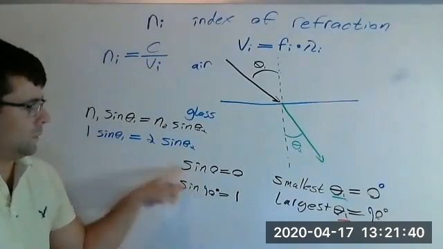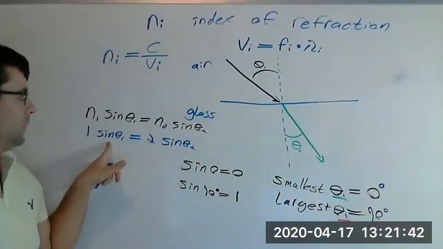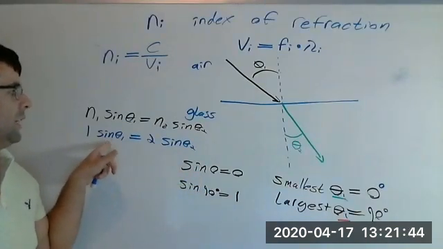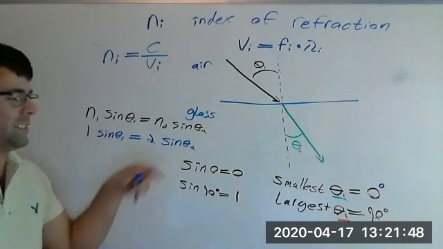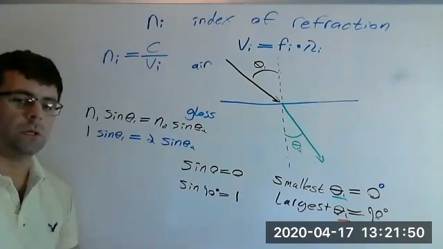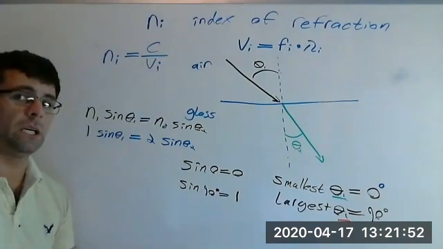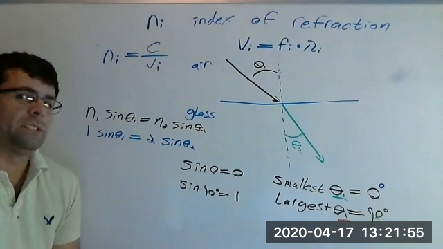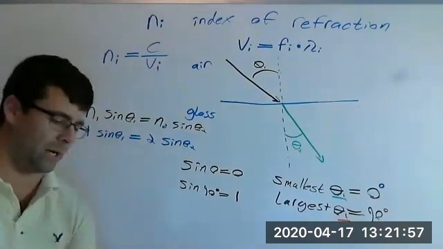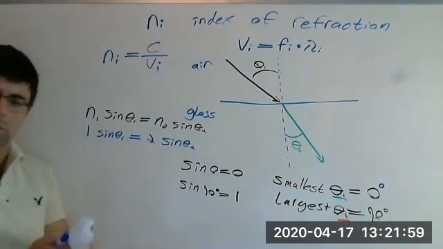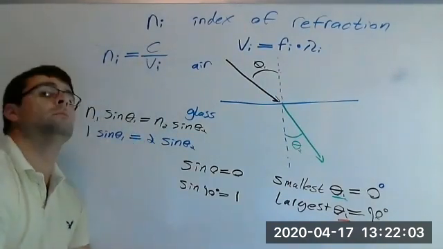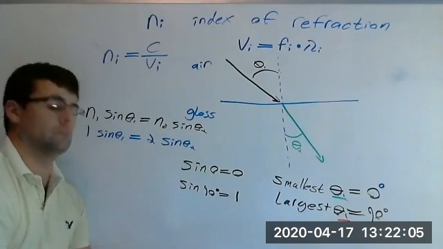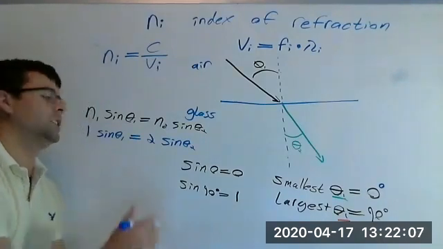So sine of theta 1 and sine of theta 2 are related how? What is something that we know about them? Rearrange that equation.